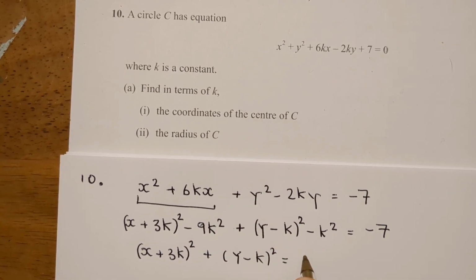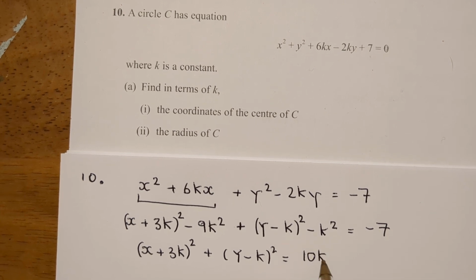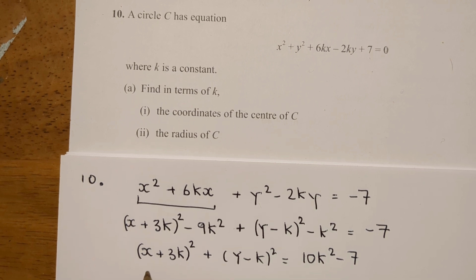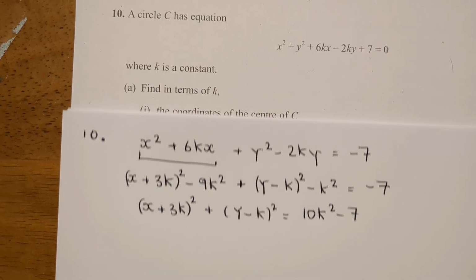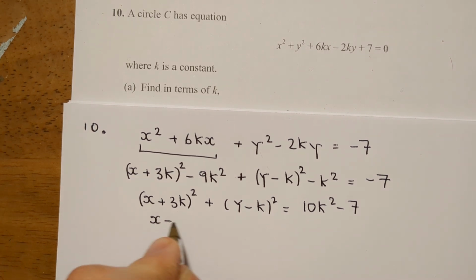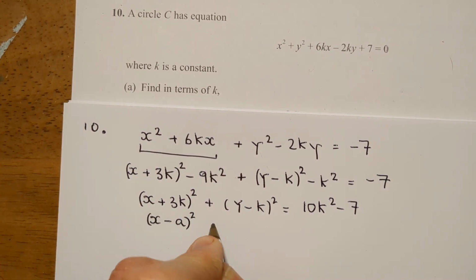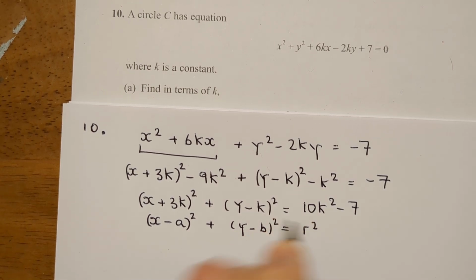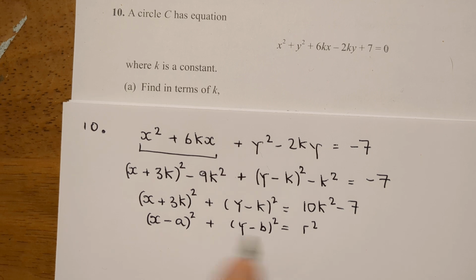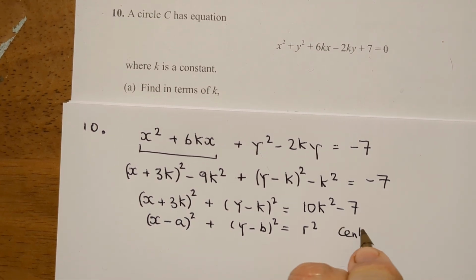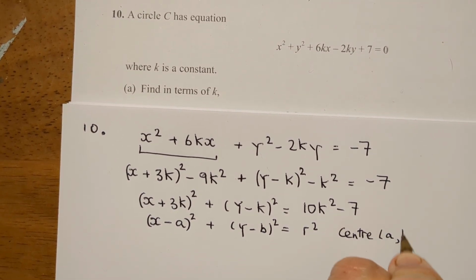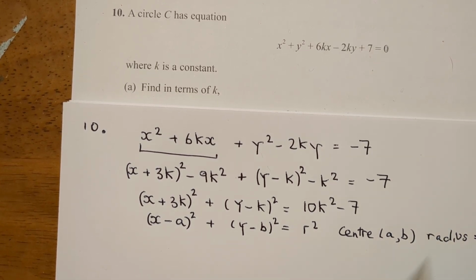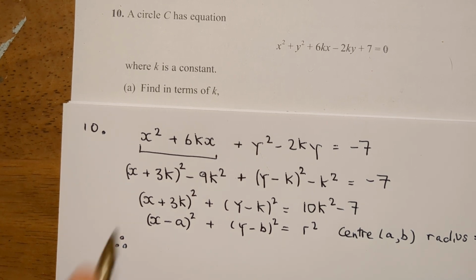Equals 10k squared minus 7, because we know that in the general case, if you have x minus a all squared plus y minus b squared equals r squared, this is a circle where the centre is at (a, b) and the radius is equal to r.